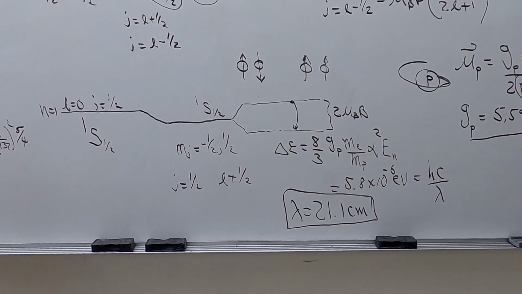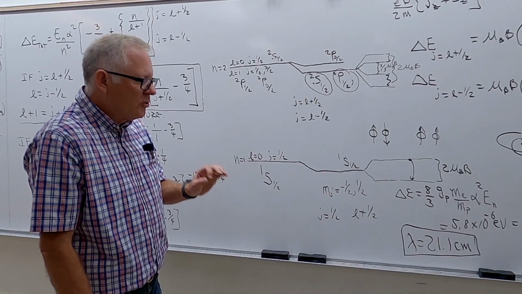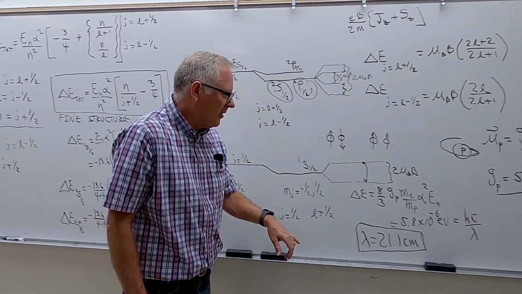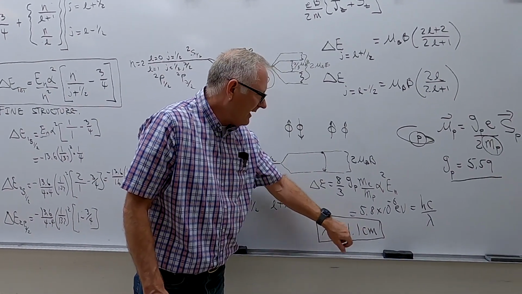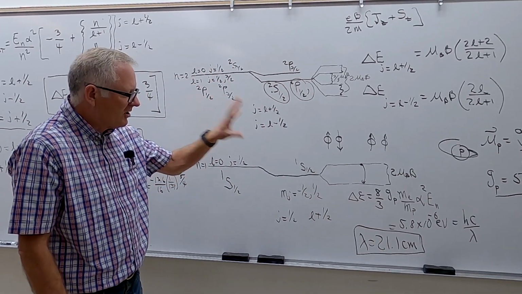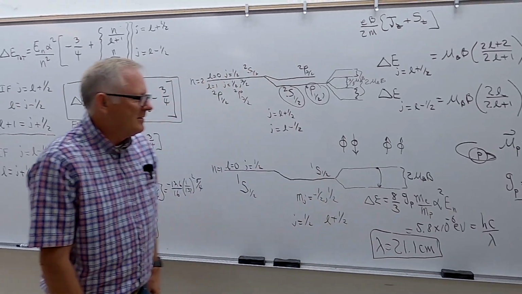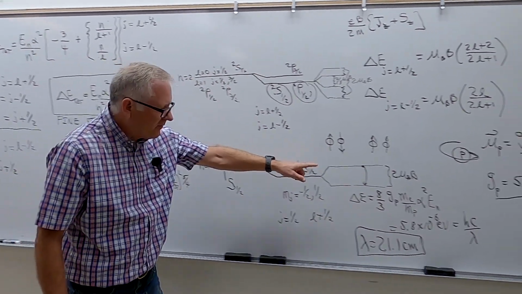So if you're looking for neutral, cool hydrogen, you set your radio telescope to this wavelength, and the whole universe is going to be ringing loud because of this transition.